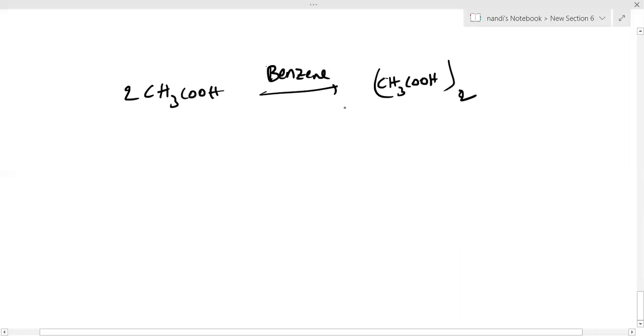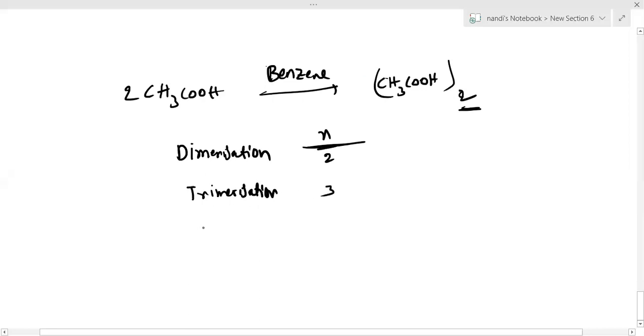So dimerization. Some molecules may undergo trimerization. Dimer means two molecules combine together, so n equals 2 here. Trimerization means 3 molecules are together.